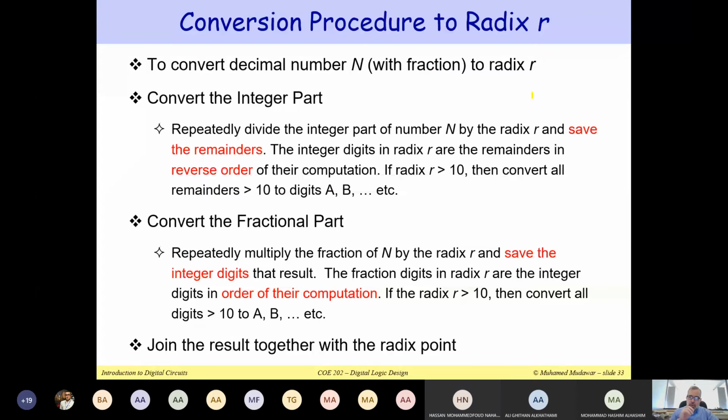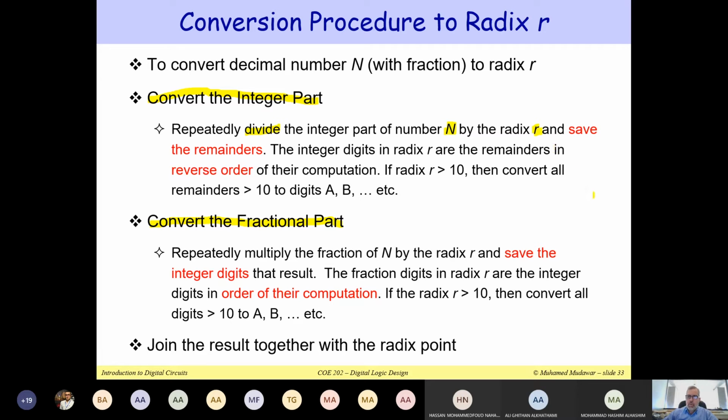So this is the conversion procedure that we have seen in the previous slide. If you have a decimal number n and you would like to convert it to any radix r, we did it to binary, so the radix was 2, and to octal, so the radix was 8. We have to convert the integer part separately, and then the fraction part. To convert the integer part, we divide n by r, the radix.